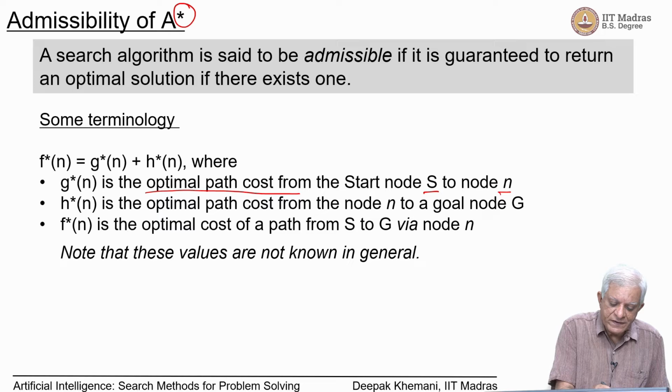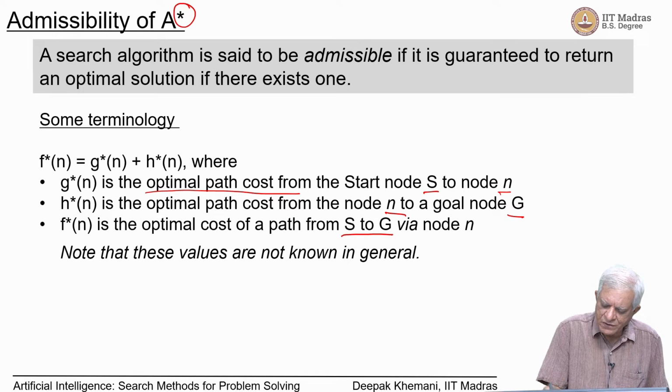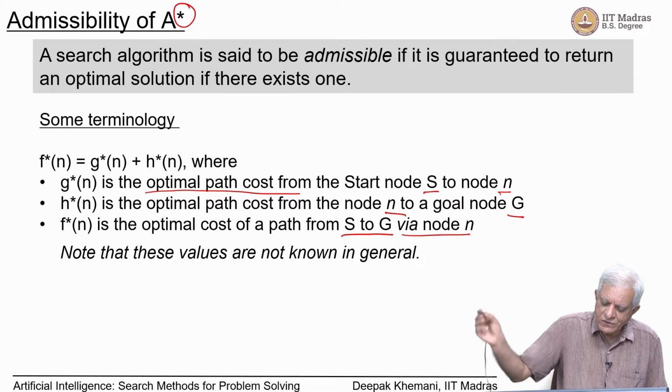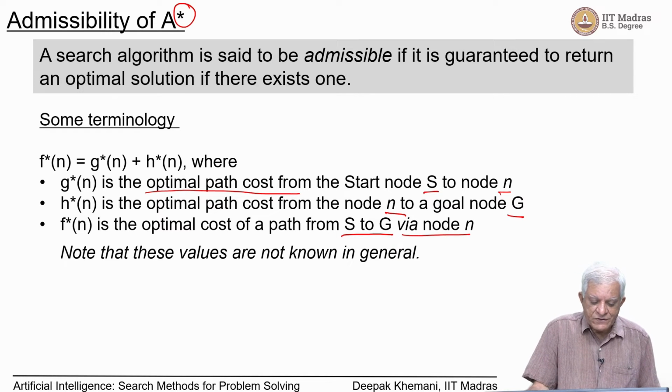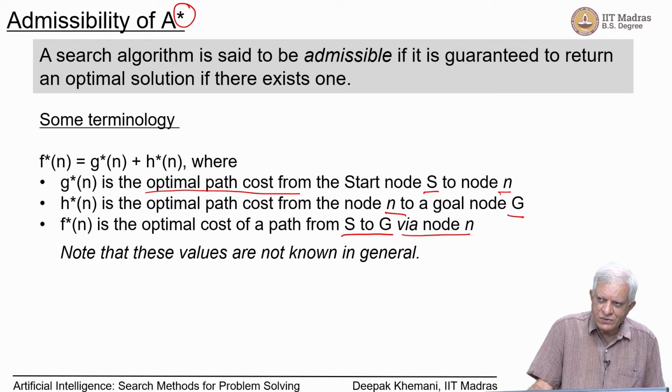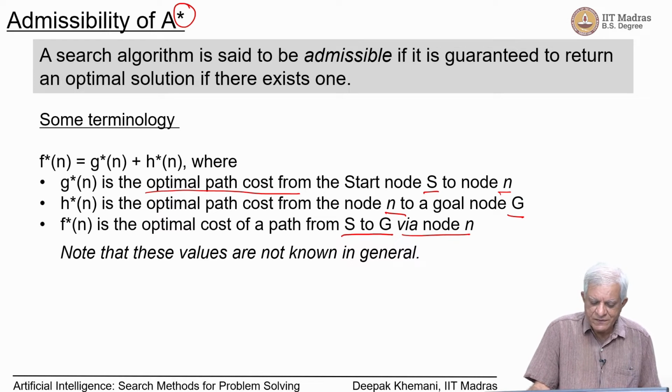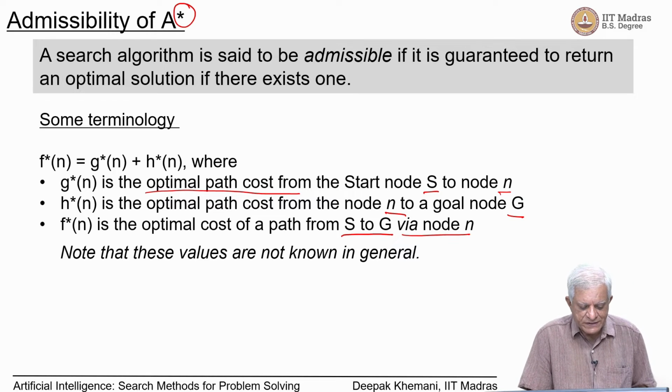H star of n likewise is the optimal cost from node n to node G, and f star of n is the optimal cost from start to goal, but which goes via node n essentially. All these three values with star in them are optimal values essentially. So, observe that these values are not known in general. This is only for the purpose of analysis that we have created these representations.